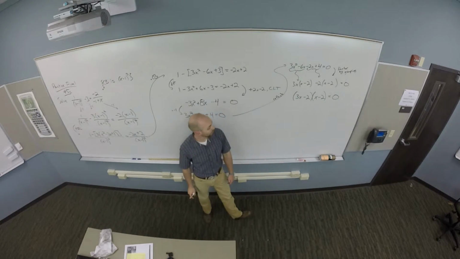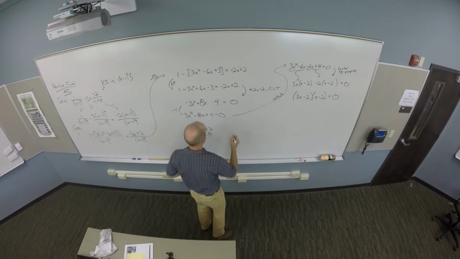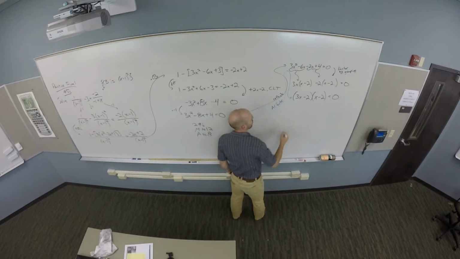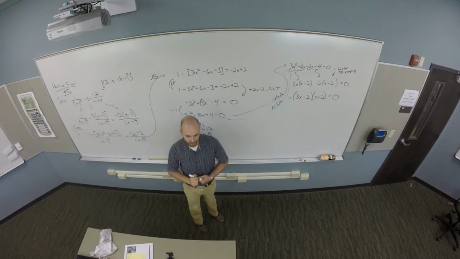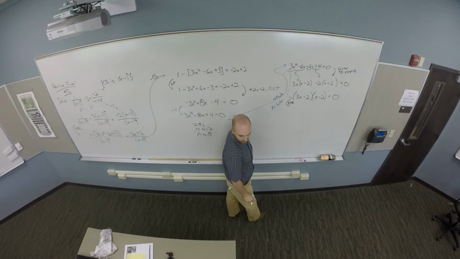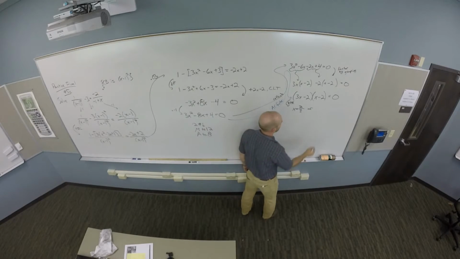So all of this business was AC factor. Once I AC factored, what's my next step? Zipper. So I'm going to hit this with a zero product rule. So x is 2/3 or x is 2.